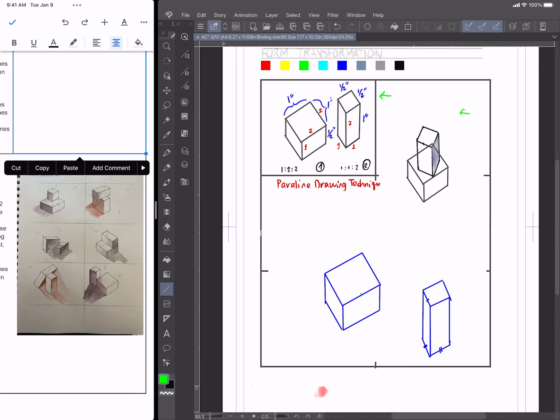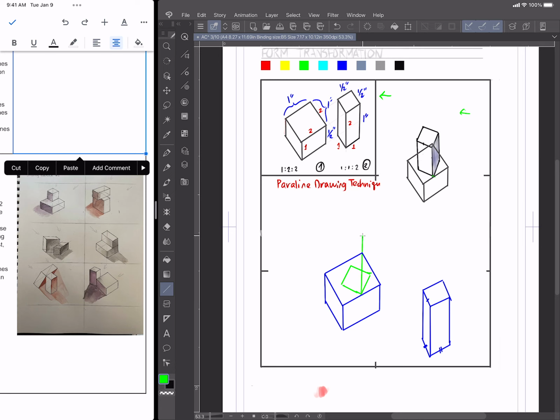The corner of the second volume would touch the top edge of the first volume. So here we know the bottom surface of the second volume would be a rotated square. So we'll draw a half-inch by half-inch rotated square.